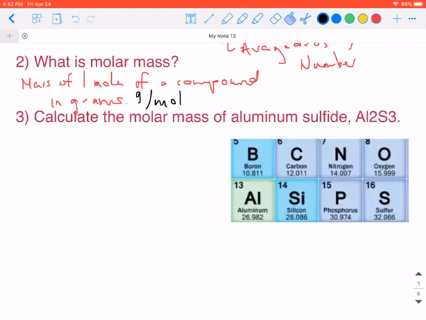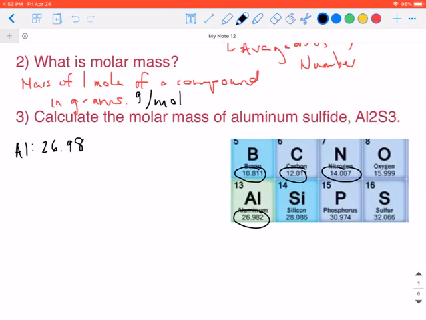Alright, so when we're calculating this molar mass, remember we can find the molar masses on the periodic table because it's really just the atomic mass, right? All of those numbers there are our atomic masses. So aluminum, according to the periodic table, has an atomic weight, or molar mass, of 26.98.